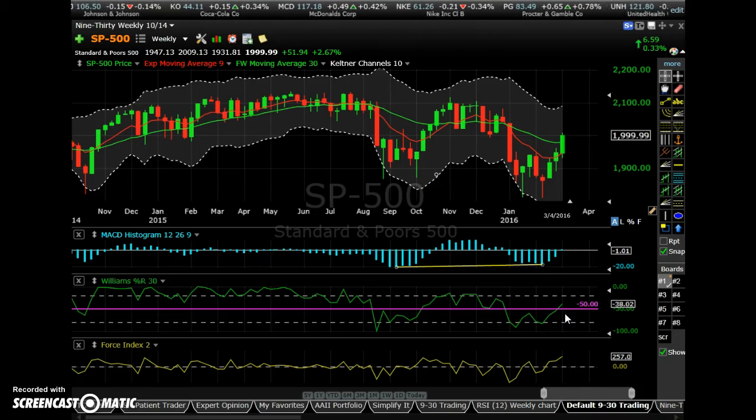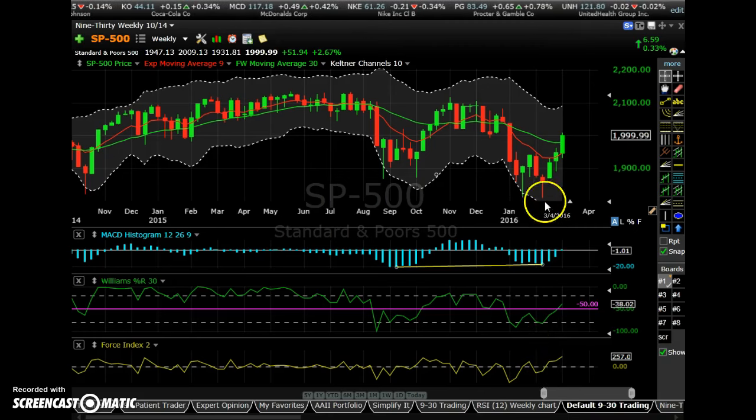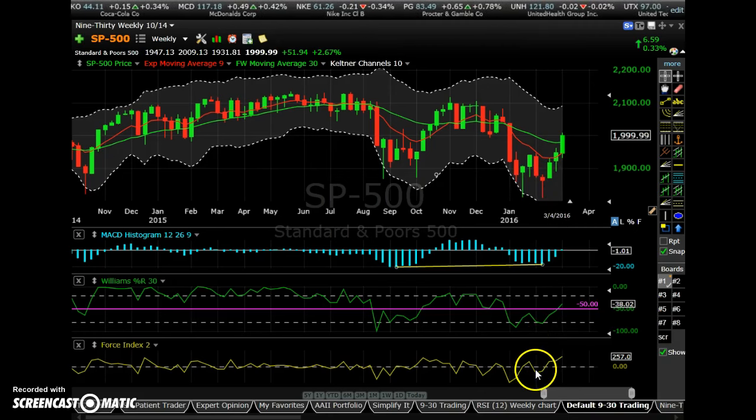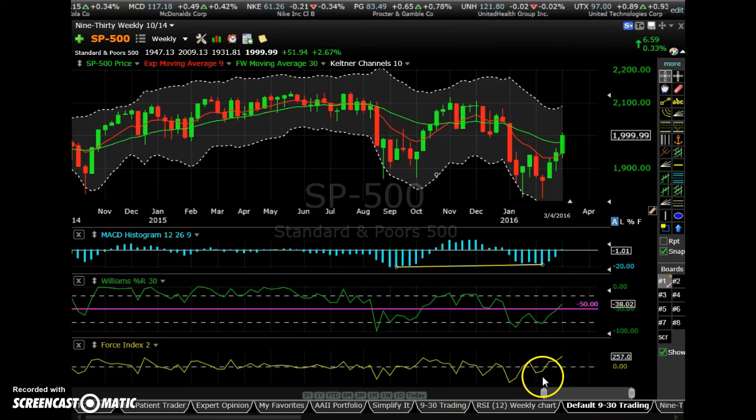Now on Elder Force, when the market pulled back here, Elder Force spiked down, but that was not the classic way that Alex uses Elder Force.